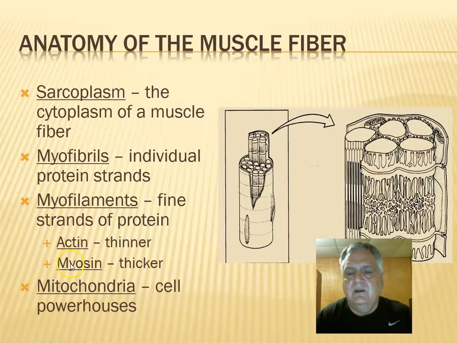Remember that actin is the thinner of the myofilaments, and myosin is the thicker. Over here on the side, the artist is trying to show actin and myosin. These thin lines represent actin, and these thicker lines represent myosin. But they give you the impression that they're only wrapped around the outside. These filaments are packed all throughout this fiber.